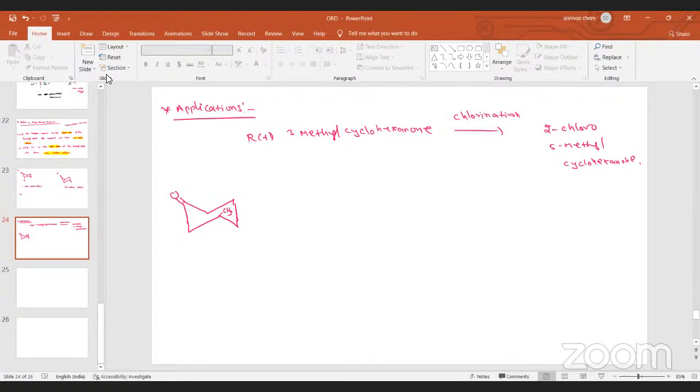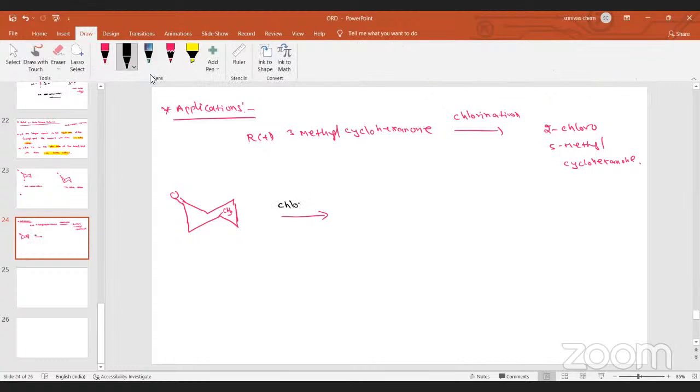3-methyl cyclohexanone upon chlorination can form 2-chloro-5-methyl cyclohexanone. Numbering the ring: 1, 2, 3, 4, 5, 6.